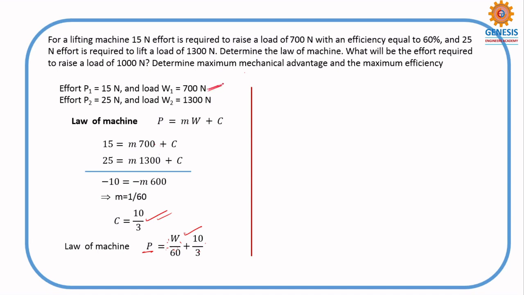Based on this law equation, I have to find out the velocity ratio. Using this equation, I can know what effort is to be applied for a given load. When the load is 1000 newtons, P comes to 19.99 newtons.